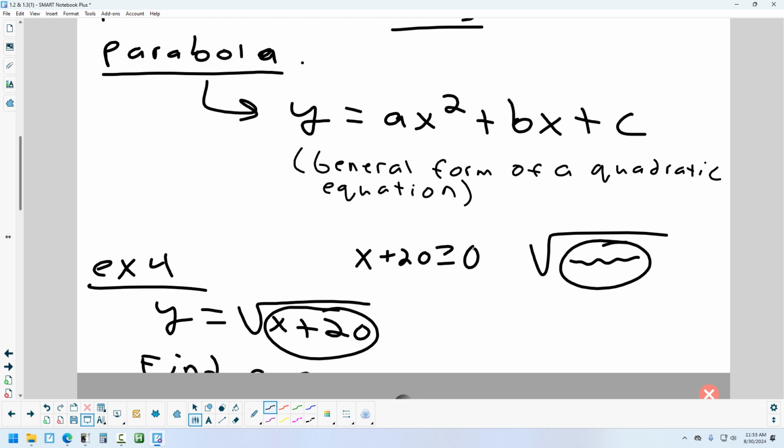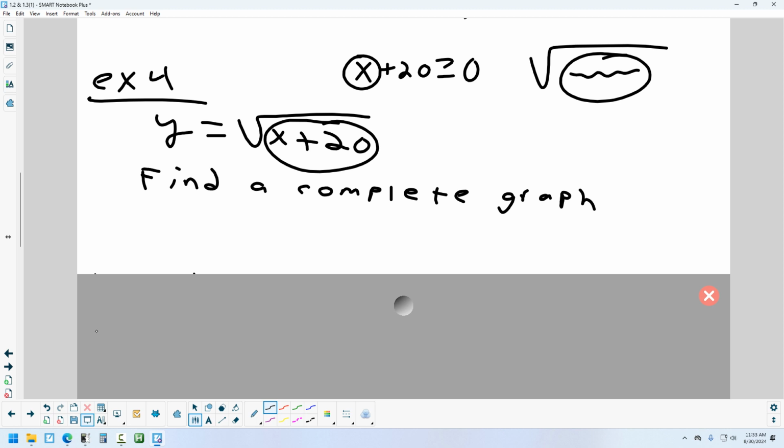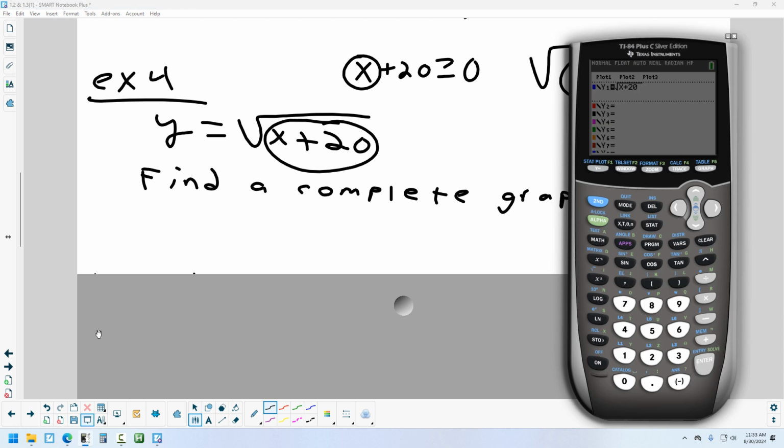So what does that mean x has to be? If x plus 20 is greater than or equal to 0, what does that mean about x? It has to be greater than or equal to -20? Yes. X has to be greater than or equal to -20. That's important because it's going to help you set your window. We now know how low a number we can plug in for x.